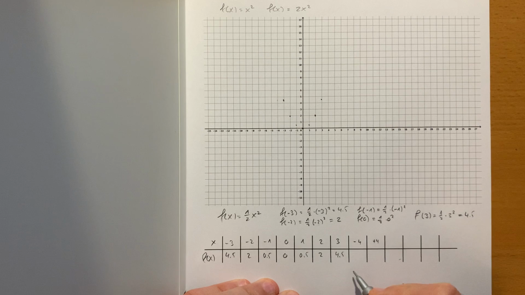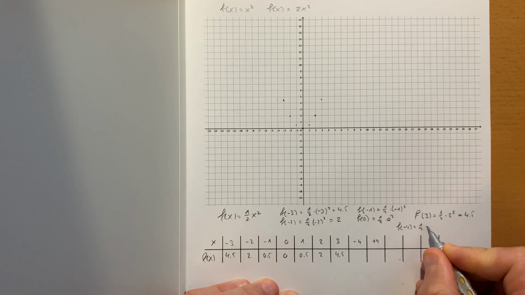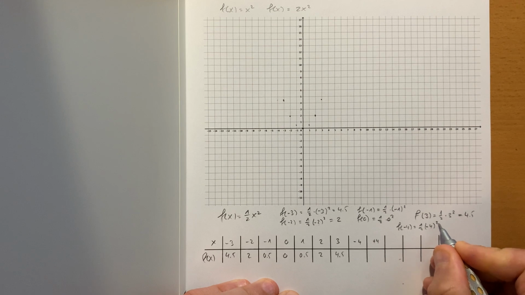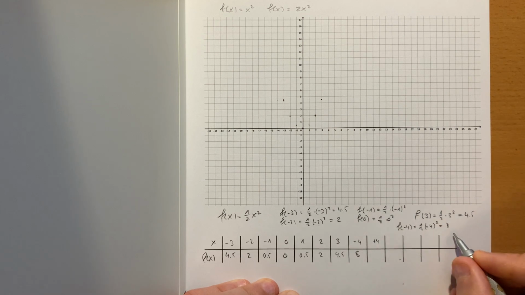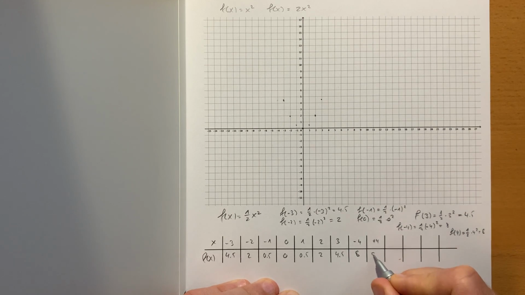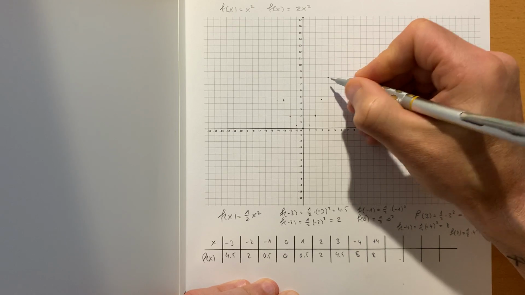Well, f of -4 is 1/2 times -4 squared. That's 16 times 1/2, that's 8. And then, obviously, with the +4, it's the same thing. F of 4, that's 1/2 times 4 squared, it's 8 as well. So at 4, we're up at 8.